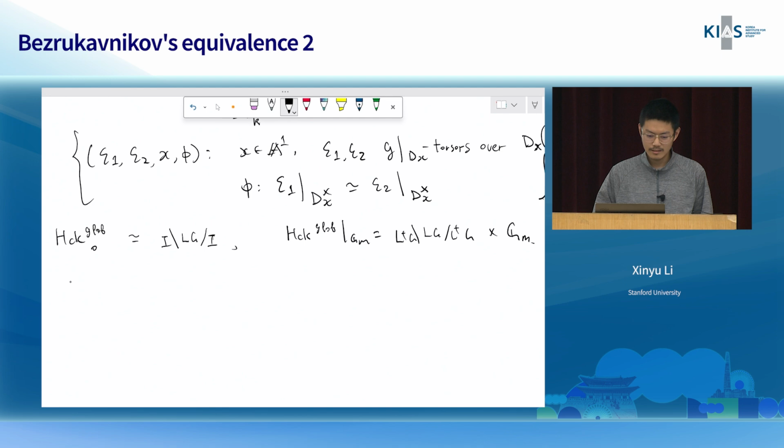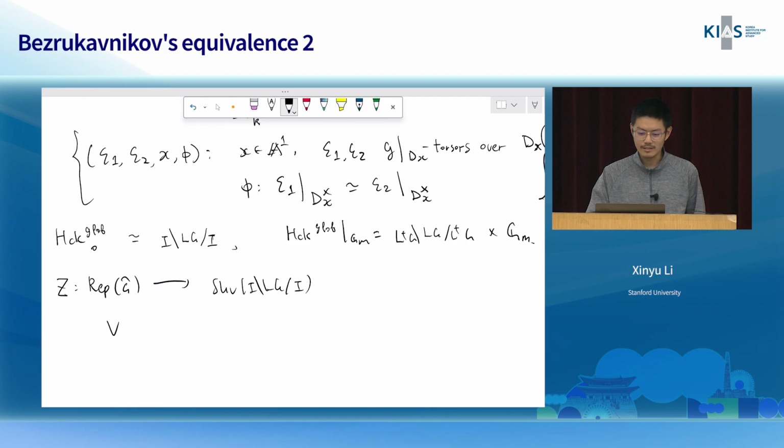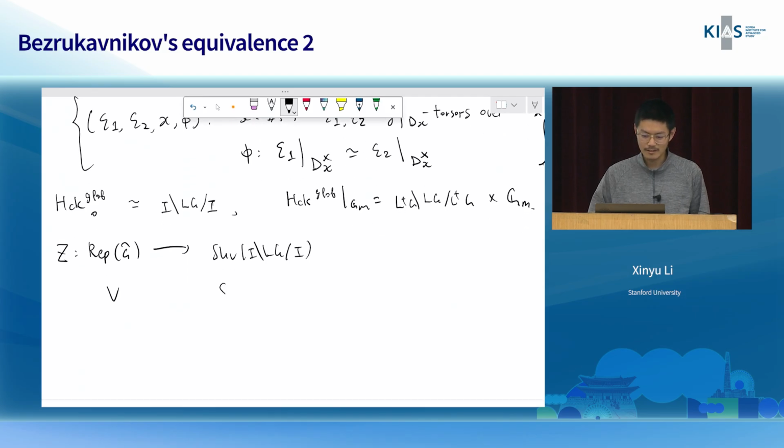So now the definition of this functor Z from Rep G hat to the affine Hecke category is given by taking a nearby cycle. For any representation V, first by the geometric Satake isomorphism, I can regard it as a perverse sheaf on this hyperspecial Hecke stack. Then I tensor it with the constant sheaf on Gm, and I take nearby cycles.